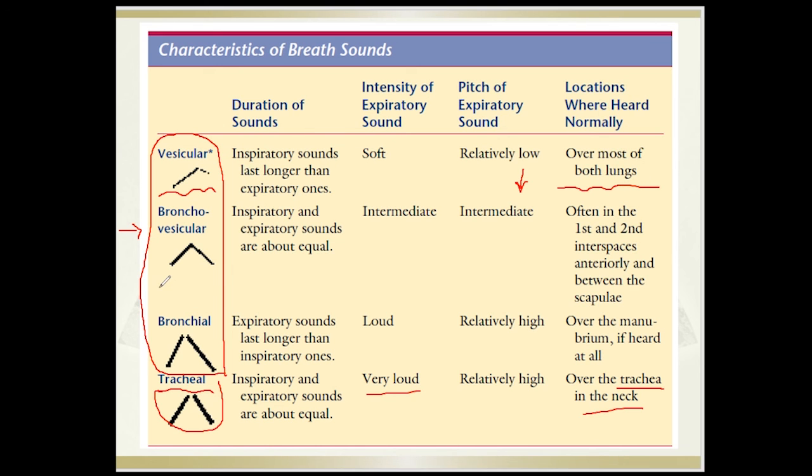The second sound we call the bronchovesicular sound. It's between the vesicular sound and the bronchial sound. It is usually located at the first and second intercostal space in the anterior part of the chest, and also you can hear it between the scapulae on the back.